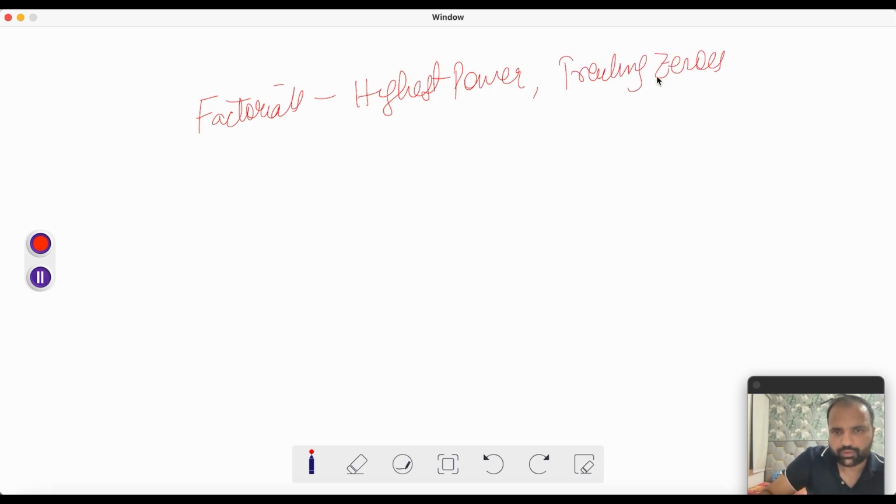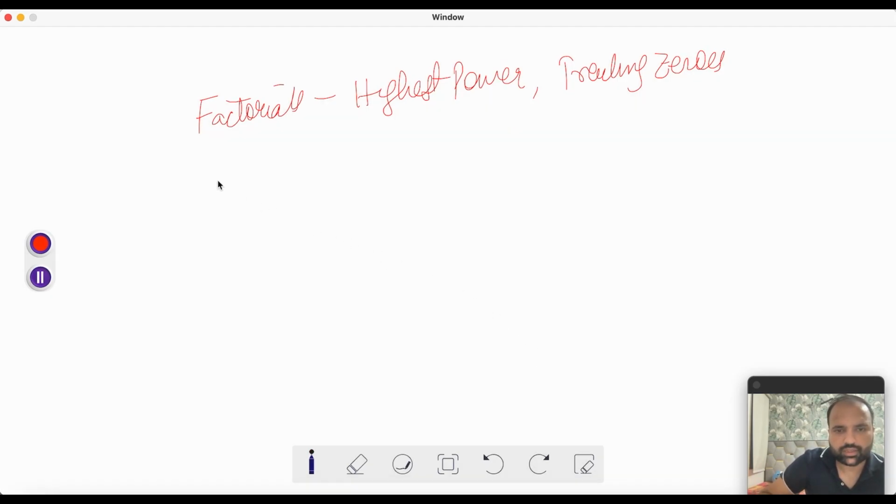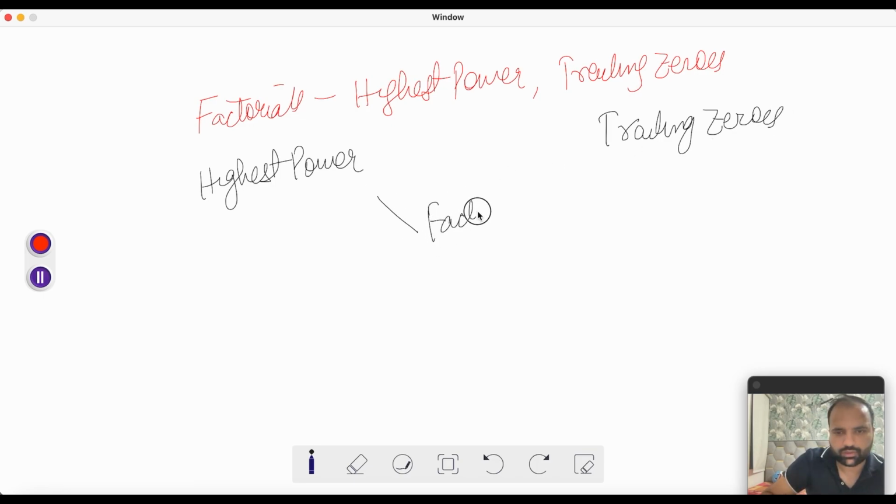Now what are we trying to do? We are trying to go in reverse. So let's say we have been provided with highest power and with trailing zeros, and we need to find factorials. This is what we are trying to learn now.